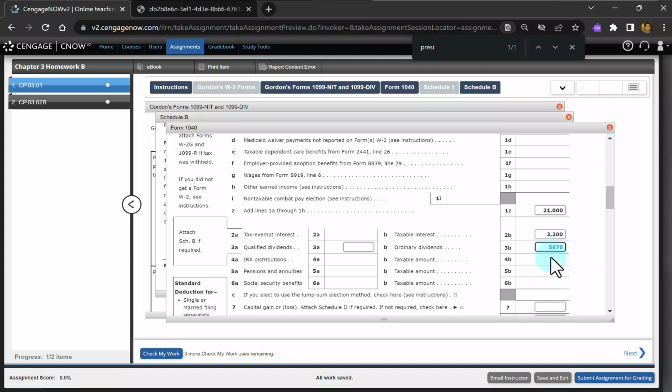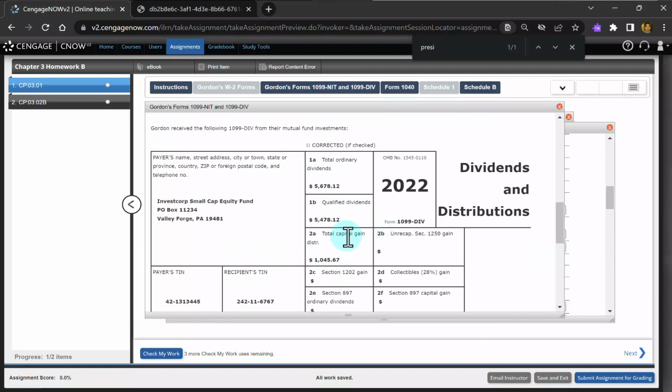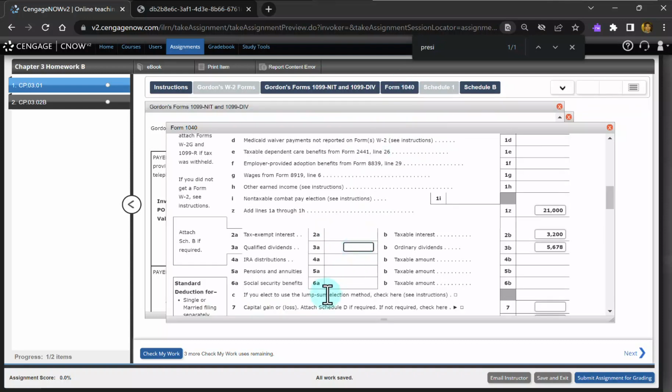But then included in this ordinary dividends are qualified dividends reported here under 1099, here in box 1B, 54.78. This 54.78 is going to be taxed lower than the other income. And that's going to be calculated here on this qualified dividend and capital gain worksheet.